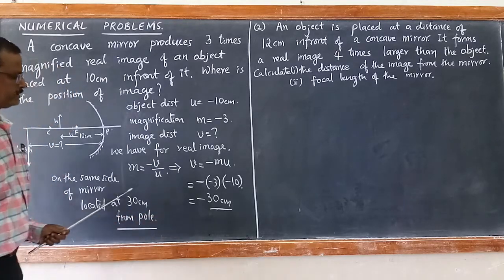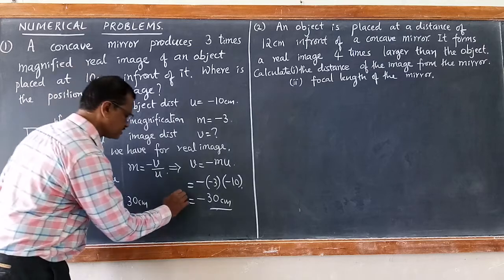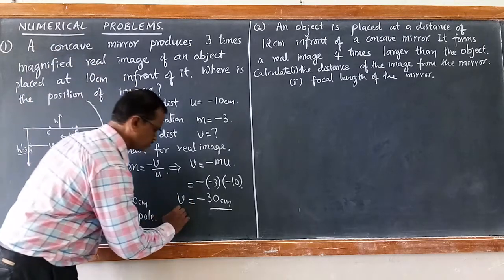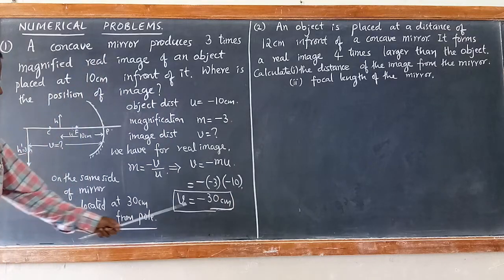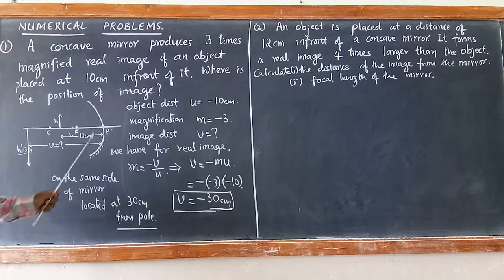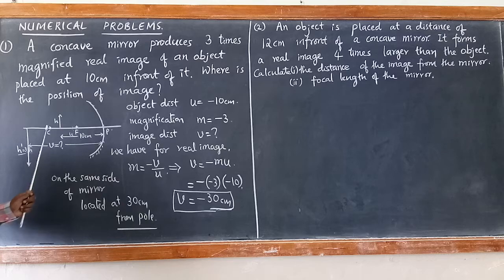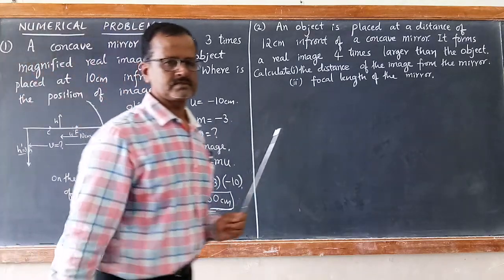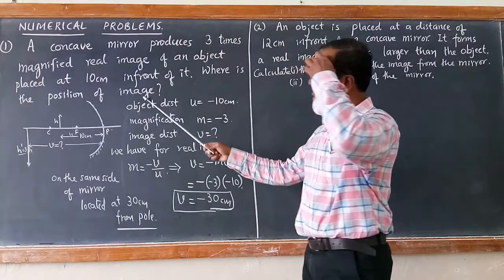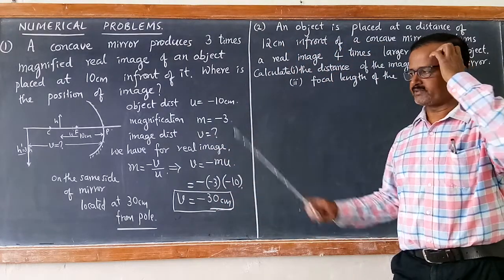So you need not write all this, you can just write image distance V is equal to minus 30 cm. Image distance V equal to minus 30 cm implies that it is located on the same side of the mirror at a distance of 30 centimeter. So this is how one can solve the problem of magnification.